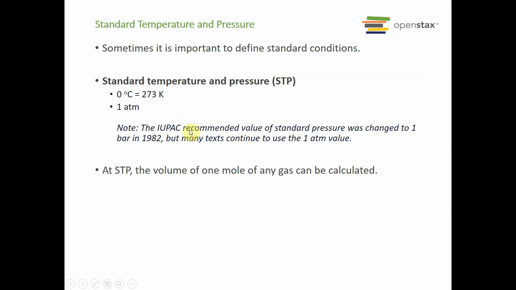It says here that in 1982, IUPAC recommended the change from 1 atmosphere to 1 bar, and I've seen that in the thermodynamic tables. Also, we're going to be in thermodynamics soon, and oftentimes the standard temperature for thermodynamics is 25 degrees C. But this is STP as we're using it for the gas law: 0 C, 1 atmosphere.